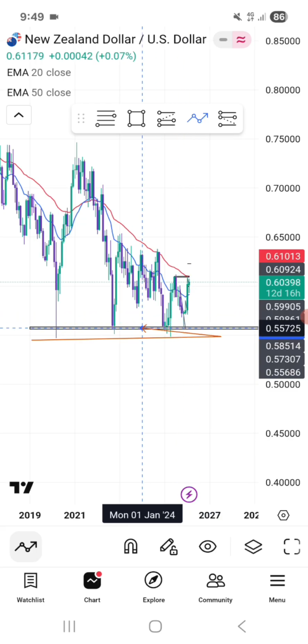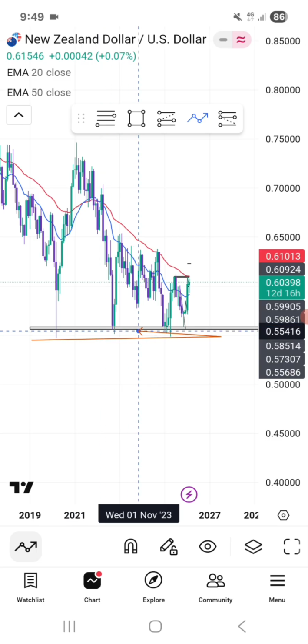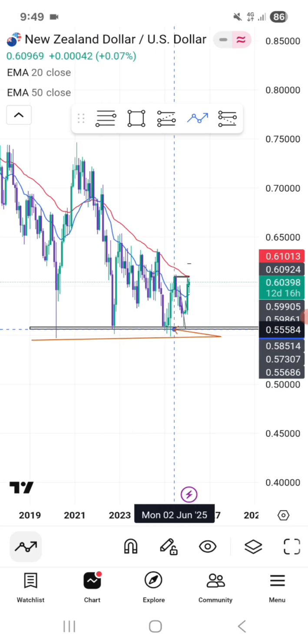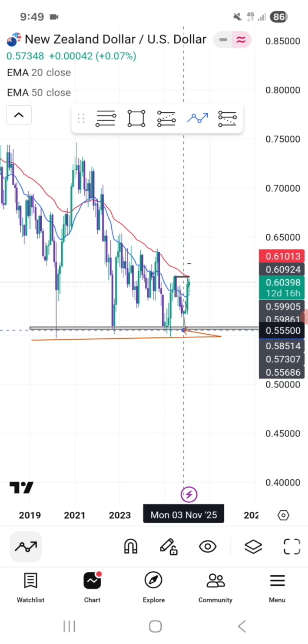So we identify this as a strong monthly support area. So whenever price hits this area, we are taking a look at opportunities to buy.